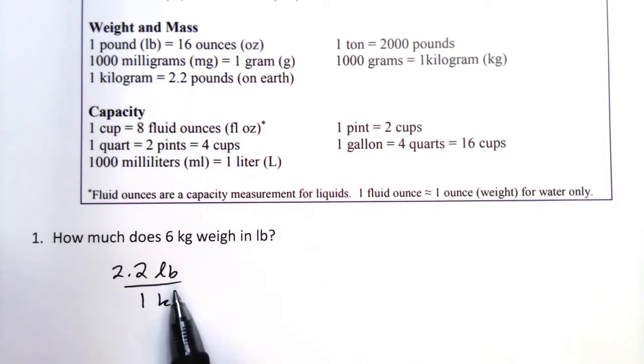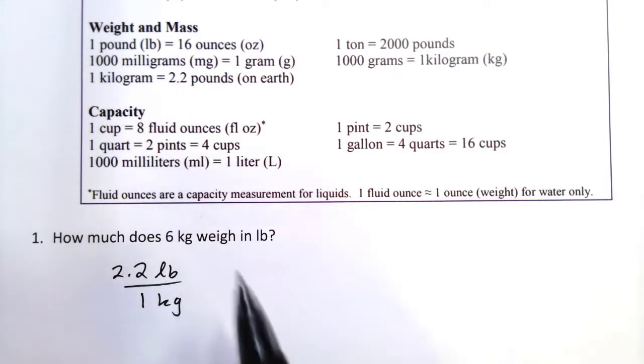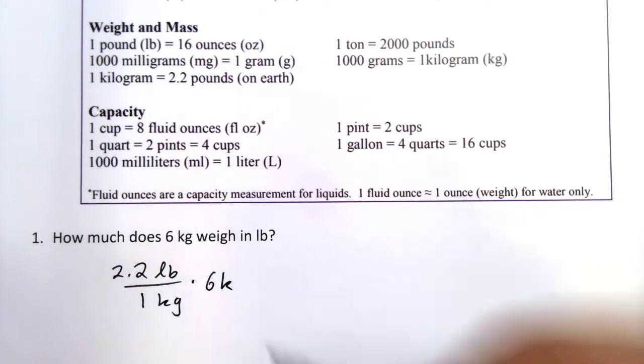So anything I multiply it by, I will preserve its value. When I multiply this times 6 kilograms, I'm not changing the weight. All I'm going to end up doing is writing it in terms of new units, but the actual amount of weight will stay the same. So this will give me an equivalent measure of weight when I finish this computation.